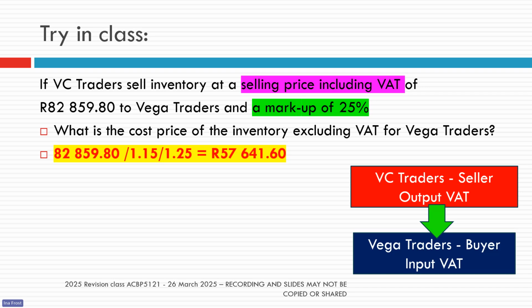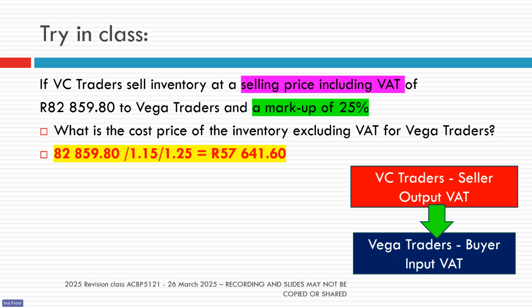And just for completeness, I'm also adding in who the output VAT is for and who the input VAT is for, as a last reminder on this slide. With something like this, the key is that you definitely show us workings, because there are two distinct calculations to make.